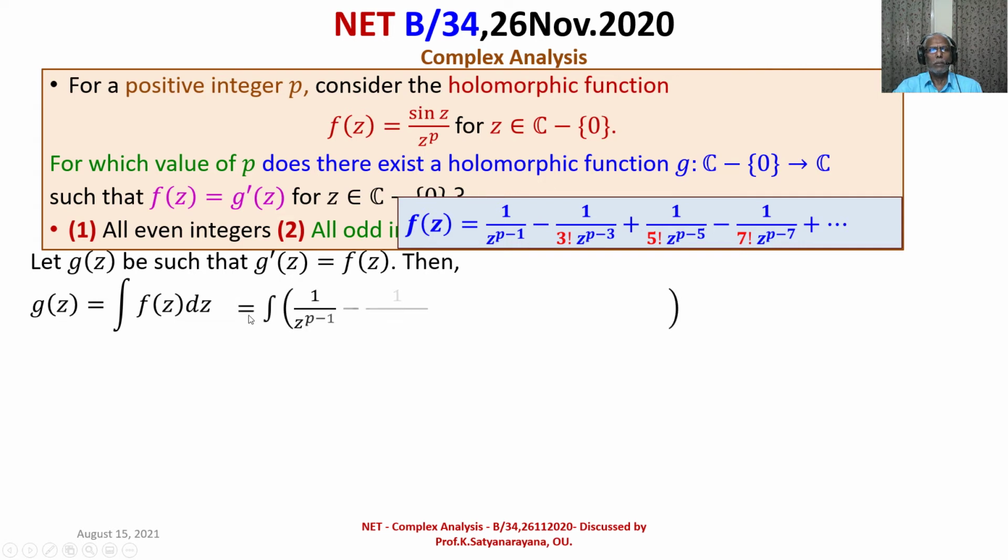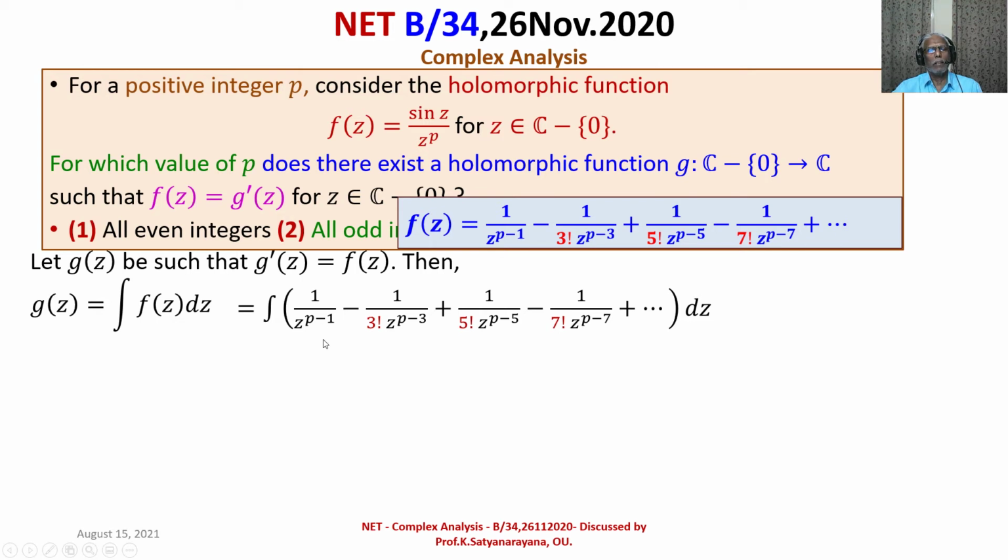That is equal to the integral of this series: 1/z^(p-1) - 1/3! z^(p-3) + so on and so forth. This is coming from the Taylor expansion, and the term by term integration is valid here. We integrate each term by going inside the integral.